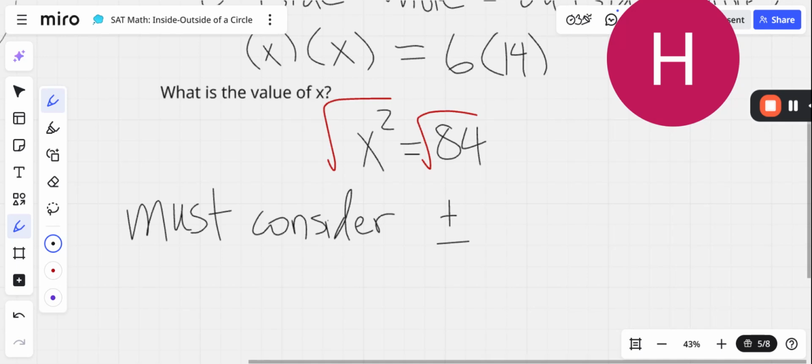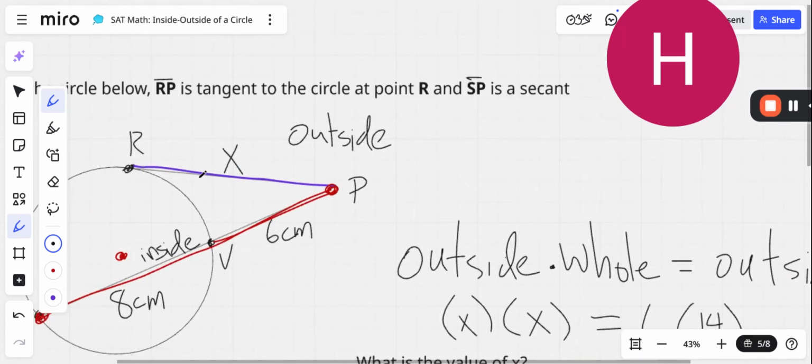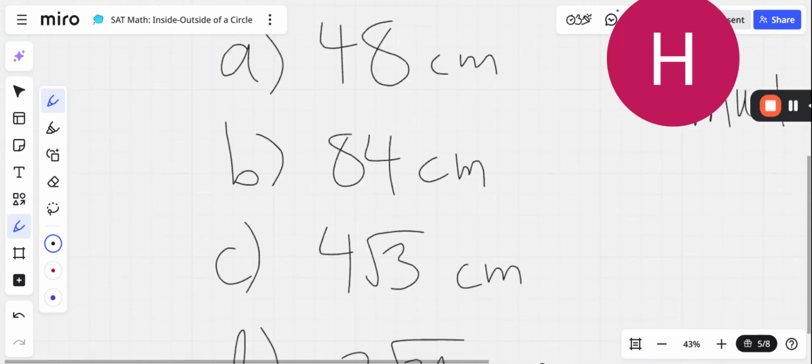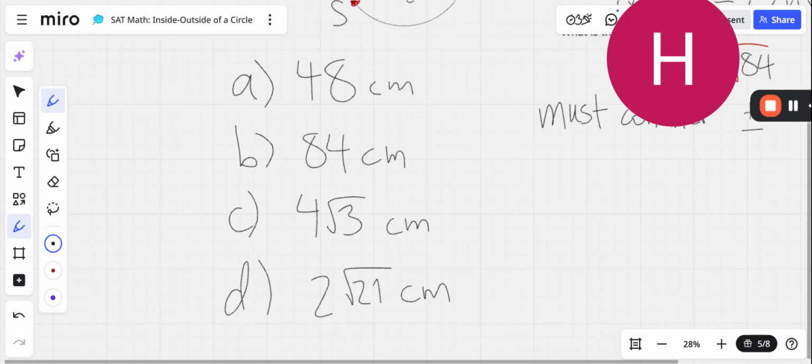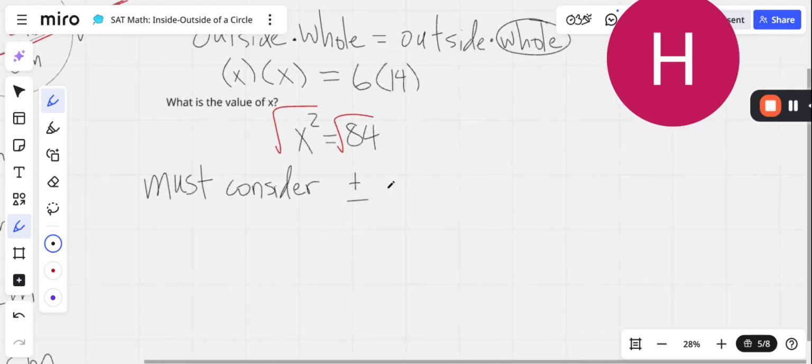I mean you should ask yourself, is it reasonable or possible for the value to be negative? Well, since we're talking about the length of a segment here, we're not talking about like points on a graph, which can be negative. We're talking about the length of a segment. That cannot be negative, so we don't have to worry about that. And you also see that none of the answer choices are negative. It'd be ridiculous if they had negative answer choices. You would be able to eliminate those right away.